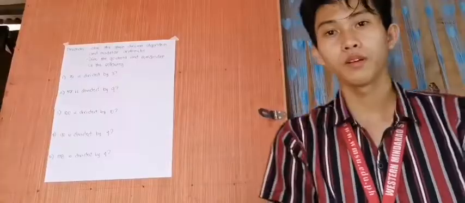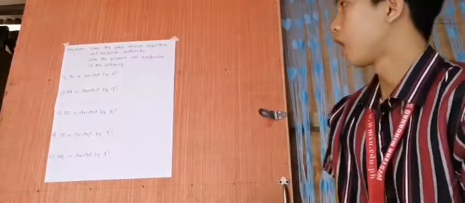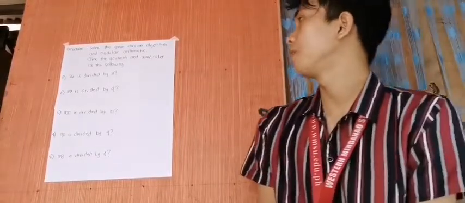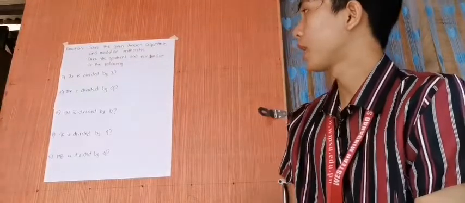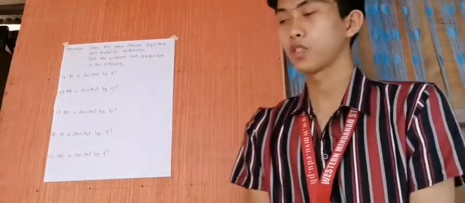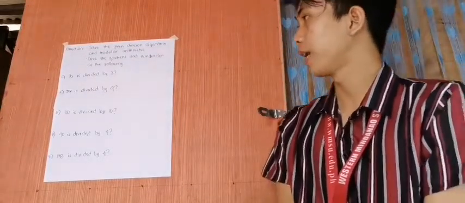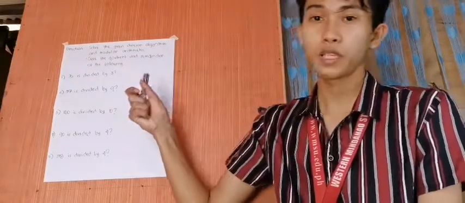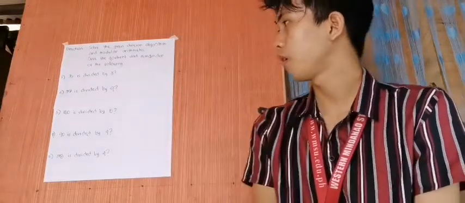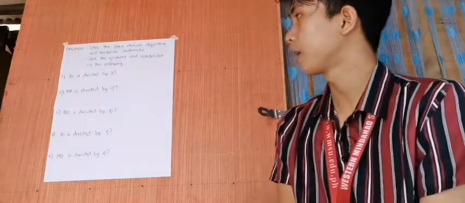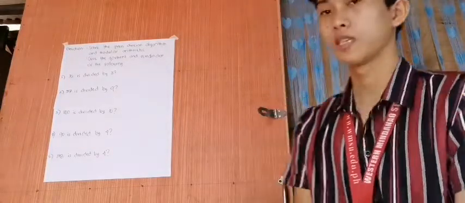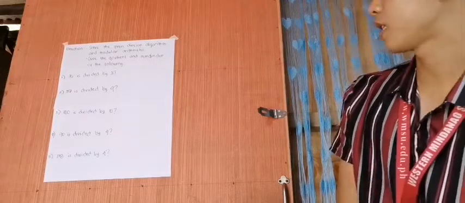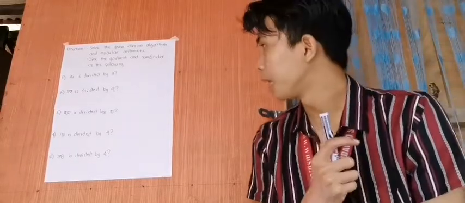Okay. For evaluation, individual. Solve the given division algorithm in modular arithmetic. Give the quotient and remainder of the following. You need to identify which is the quotient and which is the remainder. For number 1, we have 76 is divided by 3.